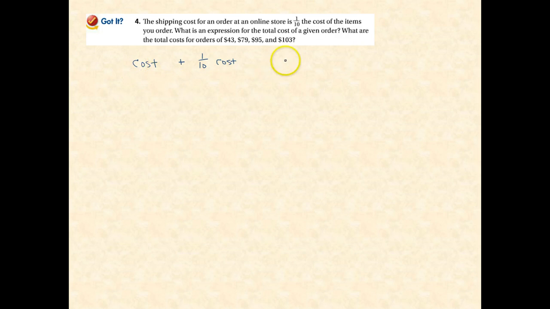So if we let C equal the cost of our items, then we get this expression C plus 1/10 of C.